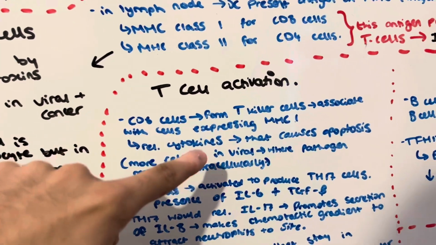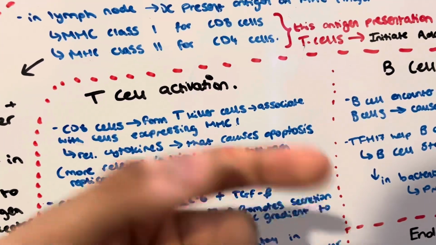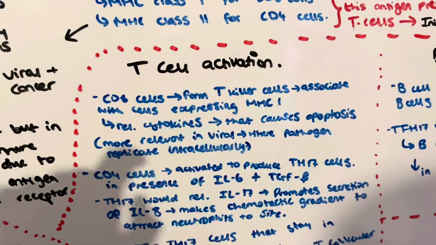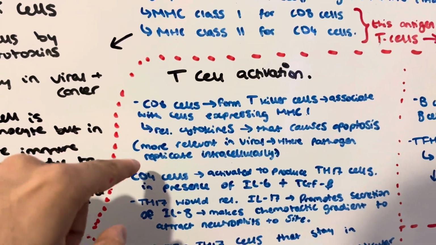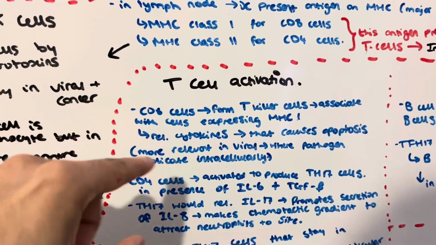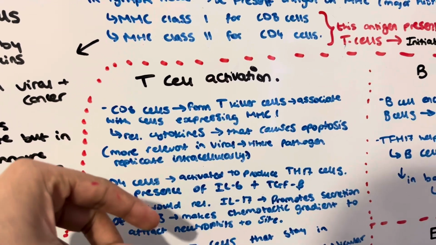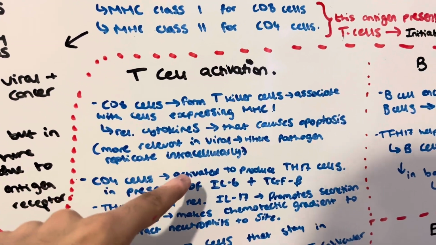And this would release cytokines that cause apoptosis, which is programmed cell death. Now, CD8 cells are more relevant in viral infections where the pathogen can replicate intracellularly.